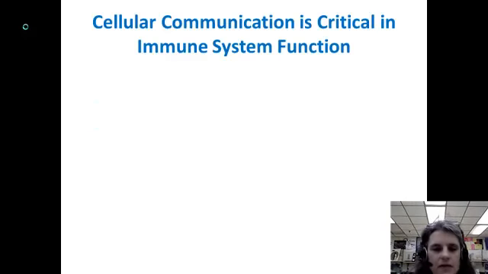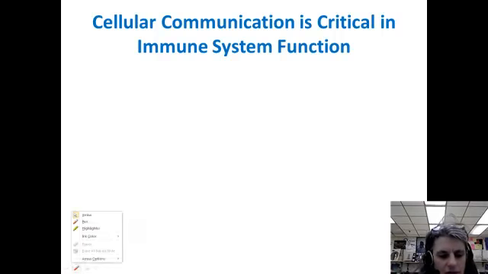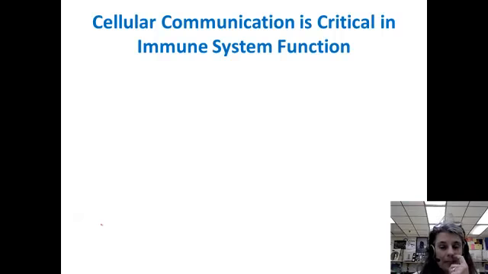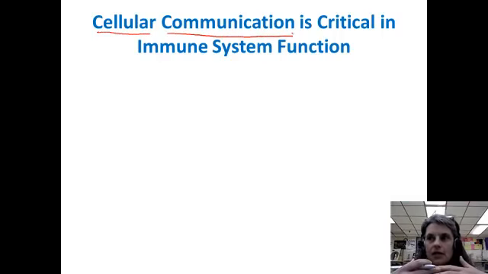The first thing we need to understand about the immune system, and actually a few other systems we're going to talk about in the coming days, is that cellular communication, cells interacting and identifying each other, communicating things to each other, is absolutely critical in how the immune system functions.